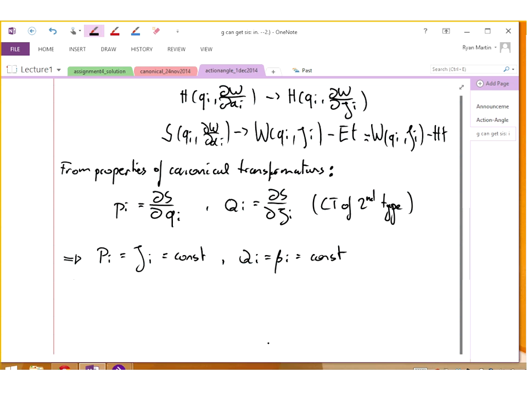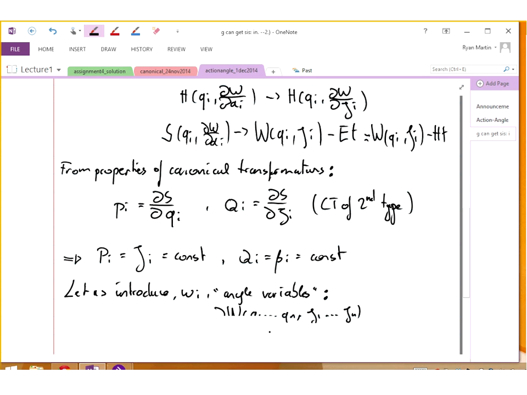It's the di W by di Ji. So in the case, of course, where the W is separable, this is probably going to be equal to just di W1 by di J1. Okay.